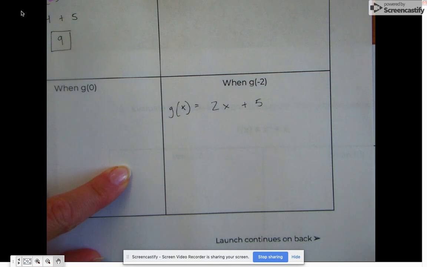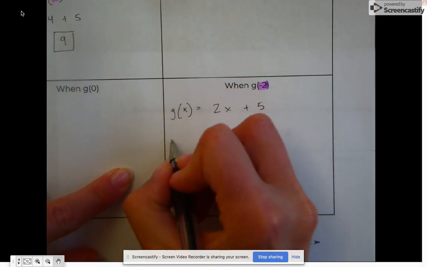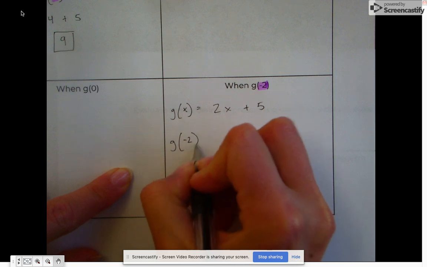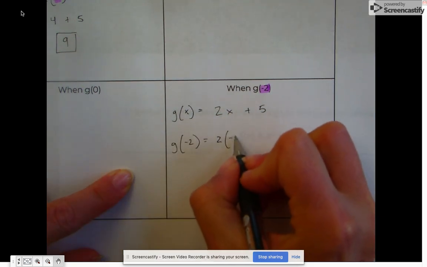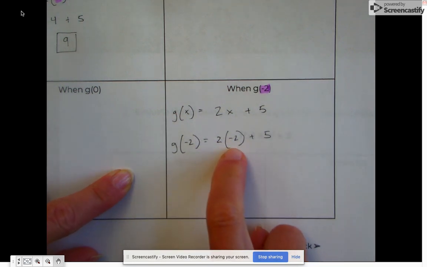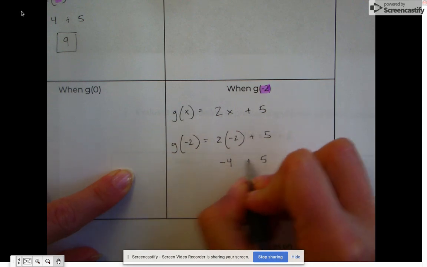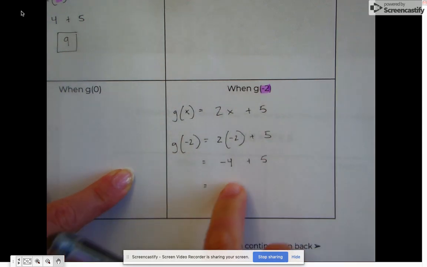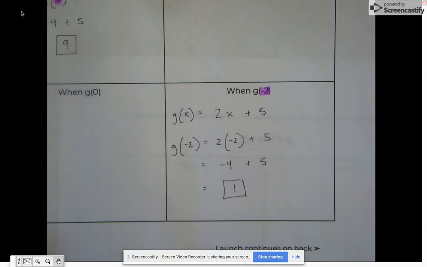Now the thing that I'm plugging in for x is my negative 2. g of negative 2 equals 2, and now I'm going to replace my x with negative 2, plus 5. Multiply 2 times negative 2 would be negative 4 plus 5. And negative 4 plus 5 is going to give me positive 1 as my final answer.